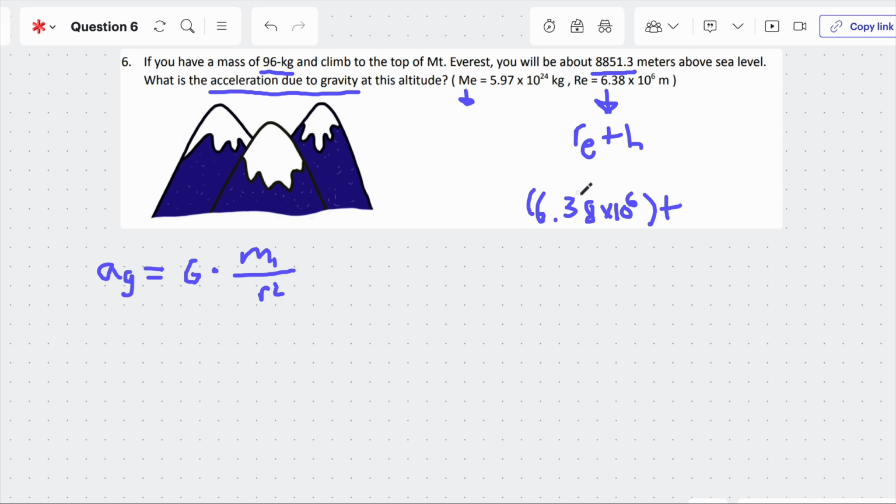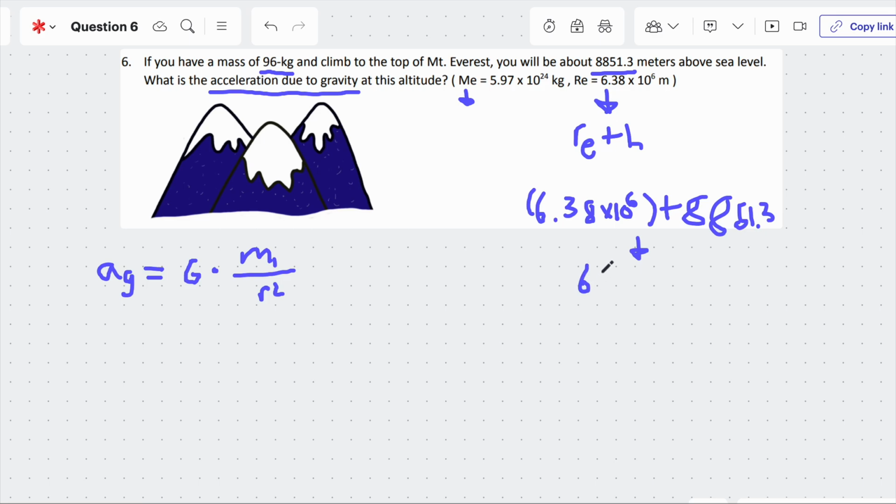We want to put that in parentheses so that comes out as one number, and then plus 8851.3. Okay, that's a big number.